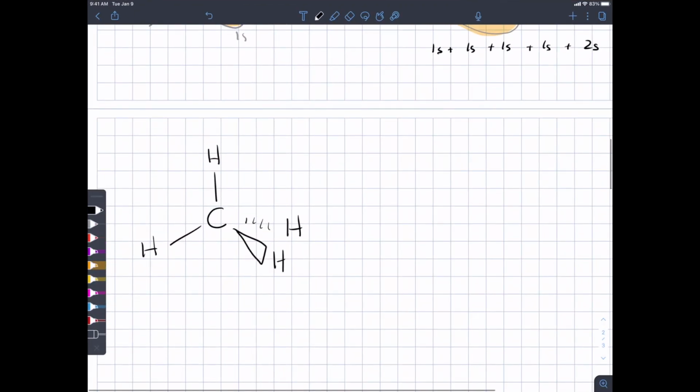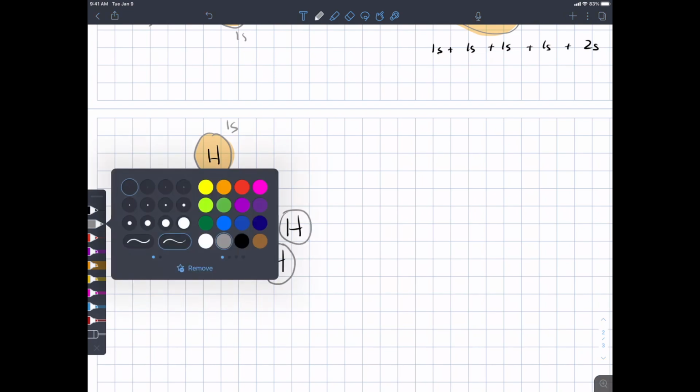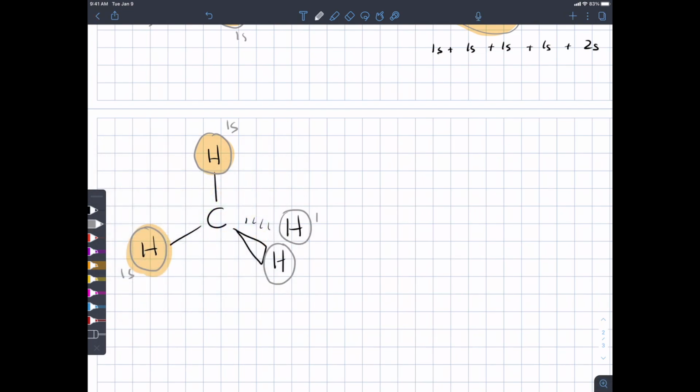Let's take 2 of the 1s orbitals on hydrogen here, and let's have it overlap with the 2 1s orbitals on hydrogen there. Let's have them be opposite in wave function sign.